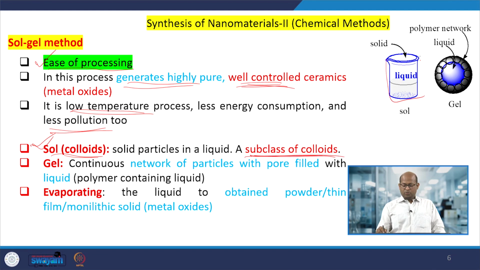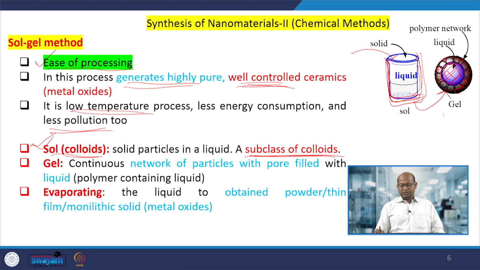We take one solvent and put in the precursor metal ion salts to make a solution. Once the solution is evaporated at low temperature, it is converted into a gel. Inside this structure there is some liquid, maybe polymeric compounds, in the form of a gel, and the metal ions are distributed in it.